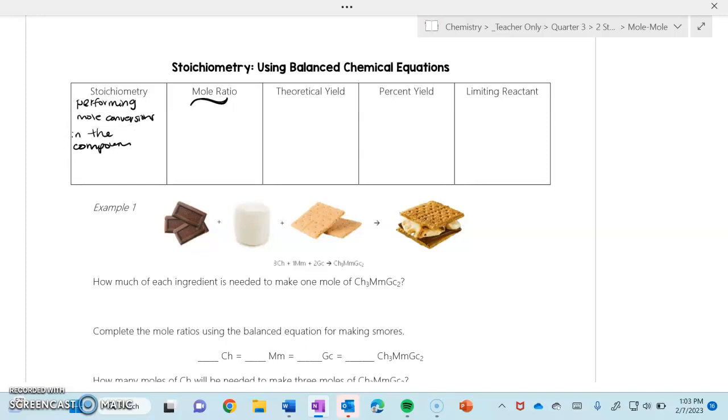Up until this point, we haven't been changing the compound, we've been changing the unit, let's say like grams to moles, or molecules, or liters, using our three other conversion factors from this unit: molar mass, molar volume, and Avogadro's number. But we've always been using the same compound. Now with stoichiometry, we can change the compound as long as they're related in a balanced chemical equation.